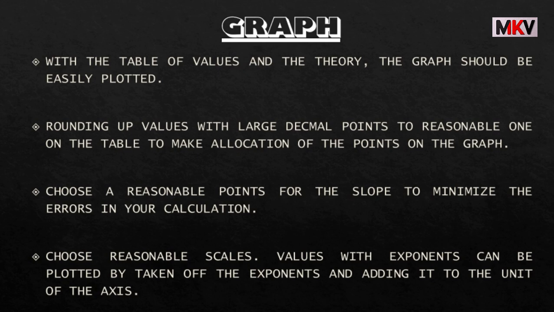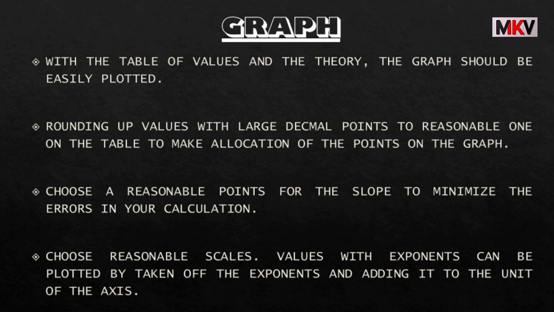And also choose reasonable scales for the graph. With the graph, choosing of scales is very, very crucial. You're supposed to choose scales which make allocating your points from the table very easy. You have to choose reasonable scales. So in choosing scales, you look at your lower value and your higher value, then you know the range in which your values lie, and you choose the scale from that.